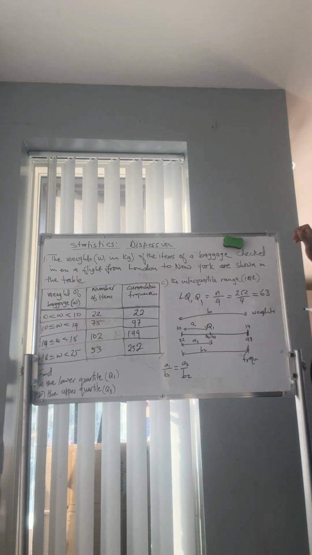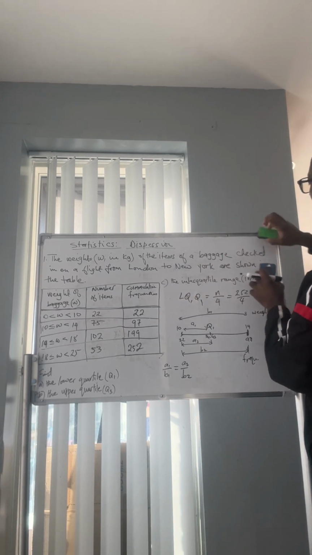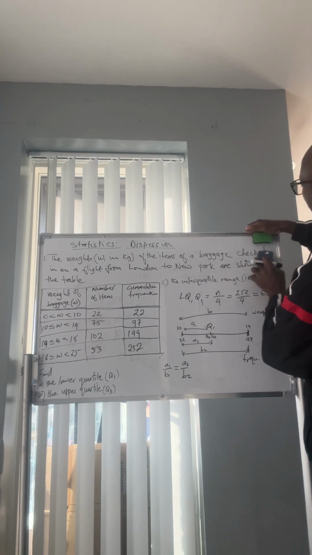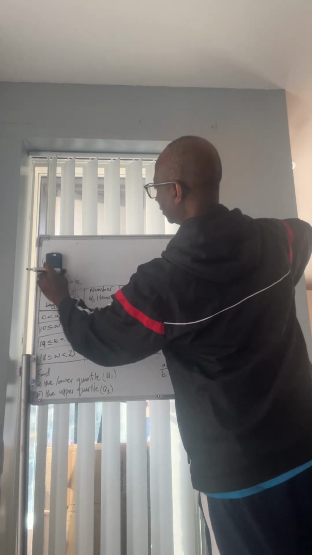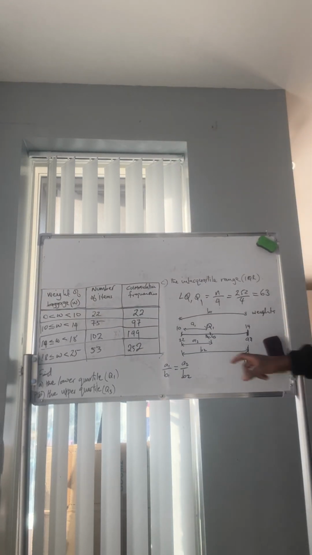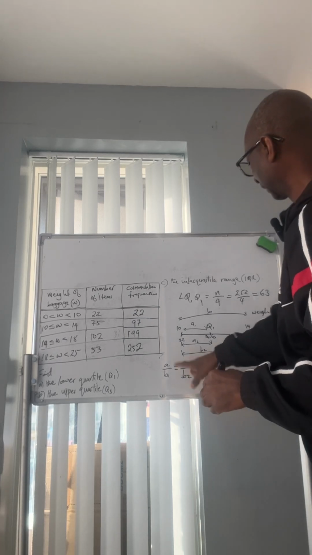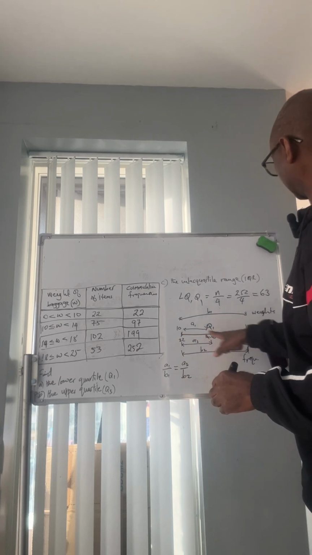So I need to erase some things here so that I can get space. Let me take this whole thing off. The board is small, sorry about that. So this is telling us that this is 10 to 14.